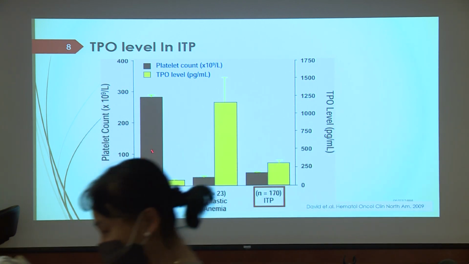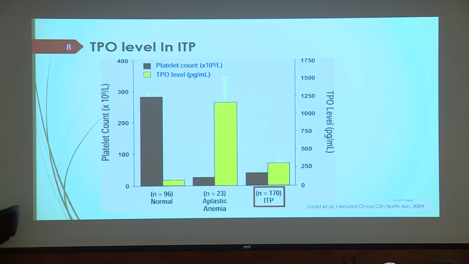And he compared normal patients versus aplastic anemia with severe thrombocytopenia and ITP patients also with severe thrombocytopenia. And look at the level of thrombopoietin. Here it is low because the patient has normal platelets.